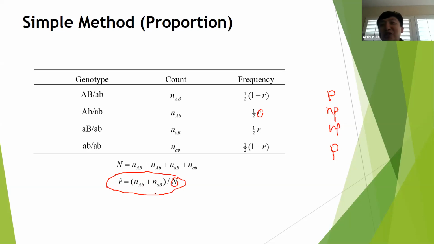Intuitively, this makes sense, but we need to find the theoretical foundation for this. Why can we estimate R this way? Because this is related to the MLE, maximum likelihood estimation.